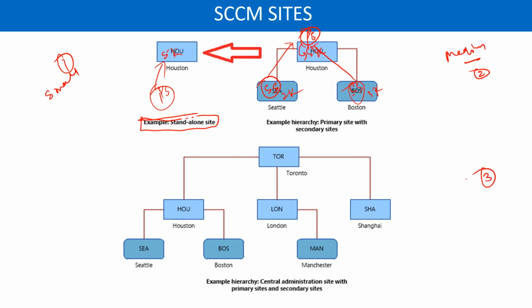And this kind of architecture is very rare, but you have it for big size organizations where you have more than one primary site. Let's say you have 825,000 computers all over the globe. So you will install one primary site in the Americas region, another primary site in Europe region, another primary site in Asia Pacific region. You can have another primary site for Africa region, and all these will report to the central administration site.